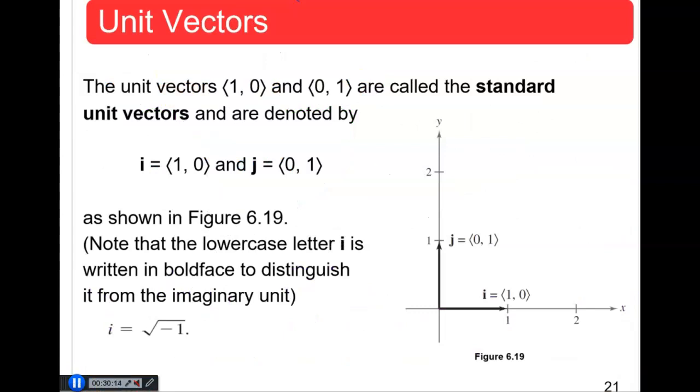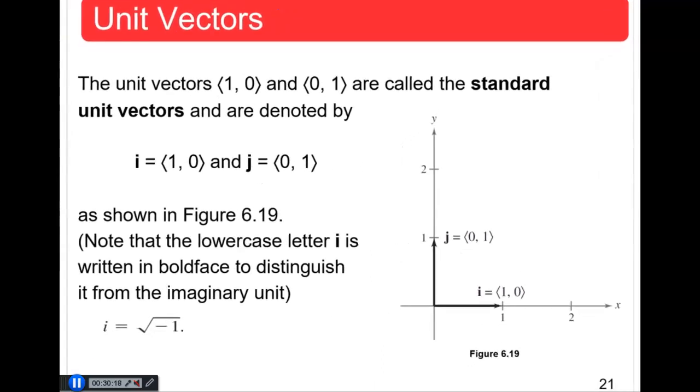There are two very special unit vectors, and those will be the ones with the components 1, 0, and we will refer to that vector as vector i. And not to be confused with imaginary numbers, we're just using real numbers here. So here the horizontal component is equal to 1, and the vertical component is equal to 0, as you can see here.